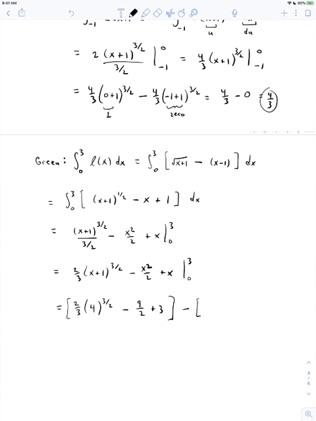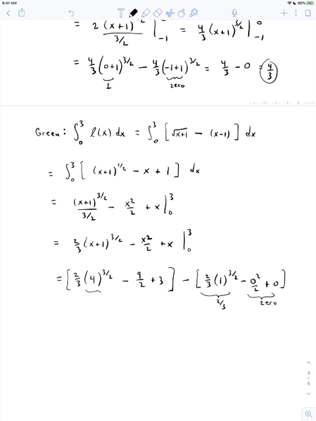Minus, and now we plug in x equals 0. Now very often when you plug in x equals 0, everything goes away. Certainly those two terms do. But this term does not, because when x is equal to 0, you have 2/3 times 0 plus 1, which is 1 to the 3/2. Then it's minus 0 squared over 2 plus 0. And of course, these last two terms are nothing but 0. But this term is 2/3. What about this term right here? Well, the square root of 4 is 2, and then if you cube that, you get 8.